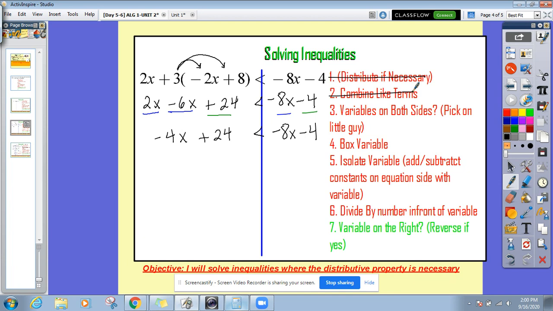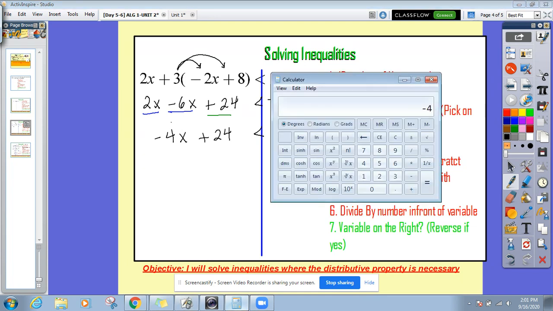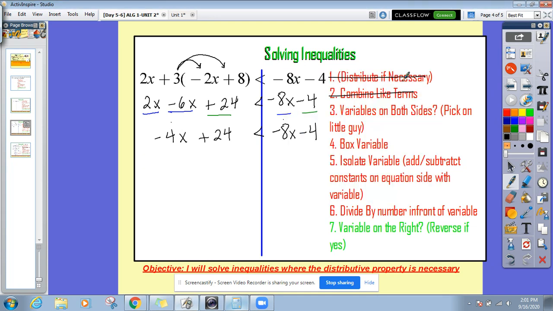Now I'm going to look and see, do I have variables on both sides? I do indeed. So I have a -4x on the left-hand side and a -8x on the right-hand side. I want to pick on the little guy here. And negatives are a little tricky, but if you remember, the bigger negative is actually the smaller number. So the little guy in this case is -8x.